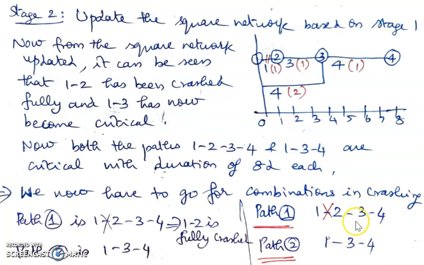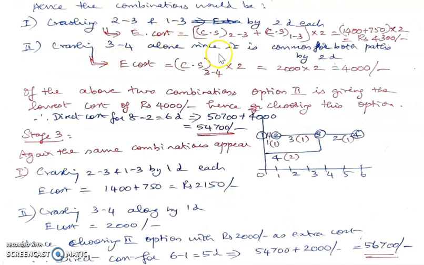So we have two combinations here. First combination is crashing 2, 3 and 1, 3 each along both the paths. And the second option is going for crashing 3, 4, which will be common for both the paths. Okay, so that is what we have found out here.